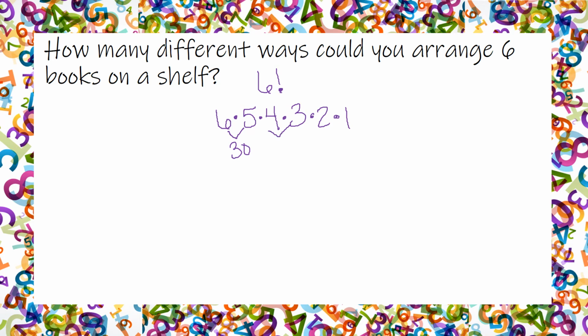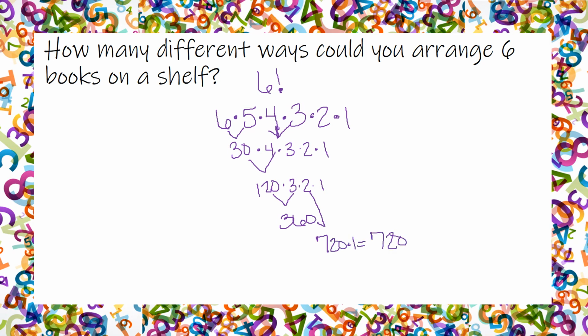Times 4 is 120. 120 times 3 is 360. Times 2 is 720. Times 1 does give us that 720 ways.